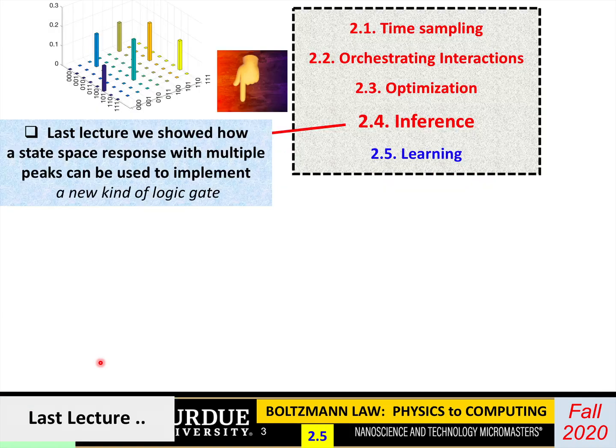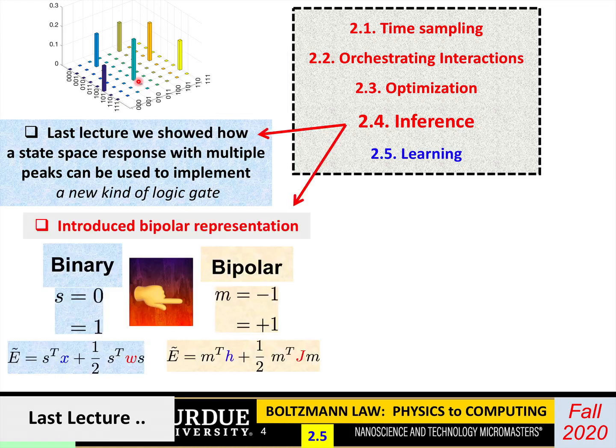Now, in the last lecture, we showed how it would be interesting to have these multiple peaks in your state space response, because you could use that for inference and for a new kind of logic. We also introduced this bipolar representation, where instead of 0 and 1, you use -1 and +1.